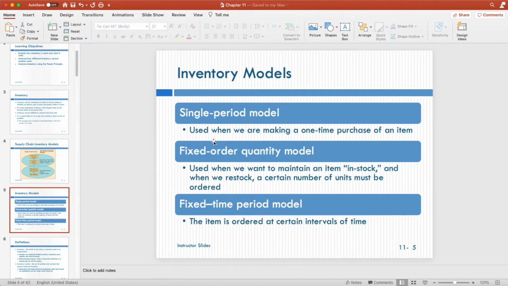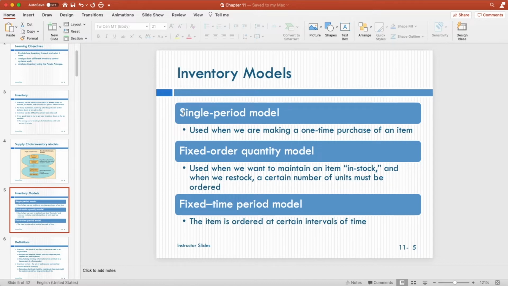These are the three quantitative models that we will mostly deal with within this chapter. They are called single period model, fixed order quantity model, and fixed time period model. In general, no matter which inventory model, we can separate them into two categories.